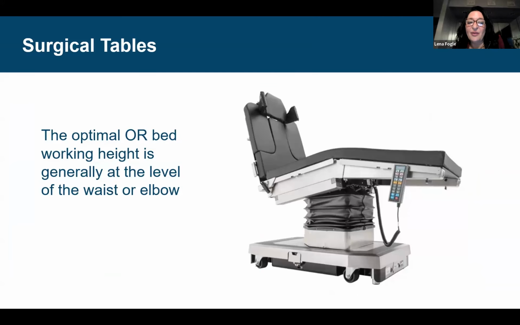The optimal OR bed, just as a general thing, working height is generally at the level of the waist or the elbow. Surgical tables these days need to be able to do a lot. They're very complicated. They need to be able to go very low, go very high, tilt, trend, and accommodate many accessories. So you want a general surgical table that gives you the maximum flexibility and the maximum ergonomics.